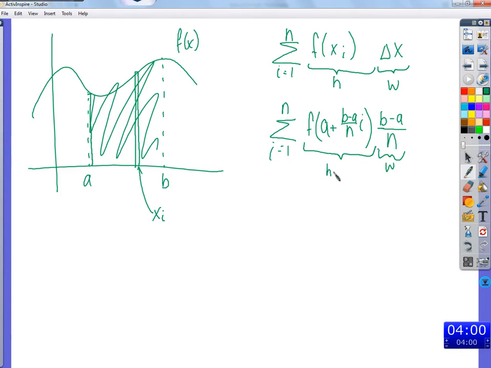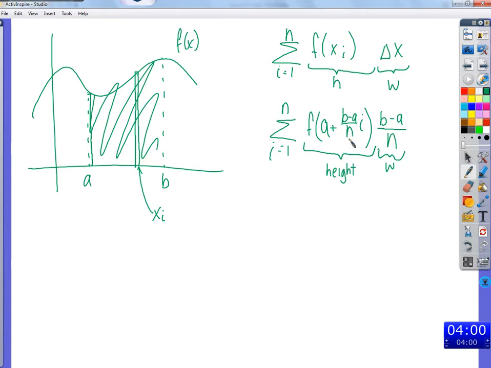So this is the height of a rectangle. This is the width of a rectangle. And this will give me the height of any particular rectangle. The 5th one, the 70th one, the 856th one. I just plug that 856 in there. If there's 1,000 rectangles in all, this rectangle is going to be really thin because I'm taking the distance between b and a and dividing it by 1,000, which is really small.